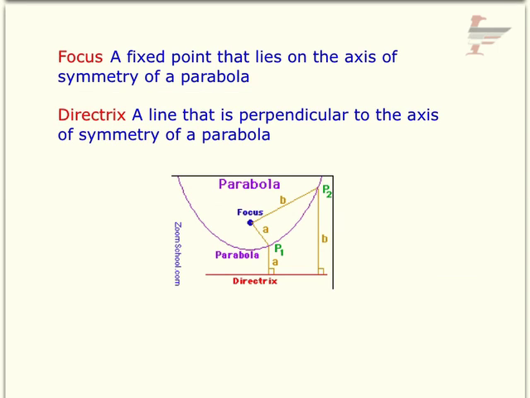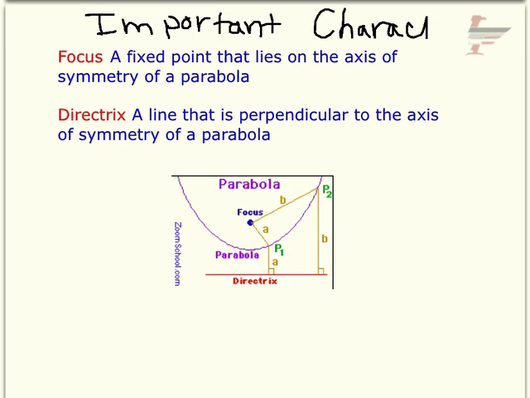All right, so you know what a parabola is, and here I have a picture of a vertical parabola. You know how to test points and pattern of change, but you really aren't going to use much of that in the conic section. So two words, jot these down. These are your important characteristics, and on your test, for every conic that you look at, you're going to be asked to list all of the important characteristics.